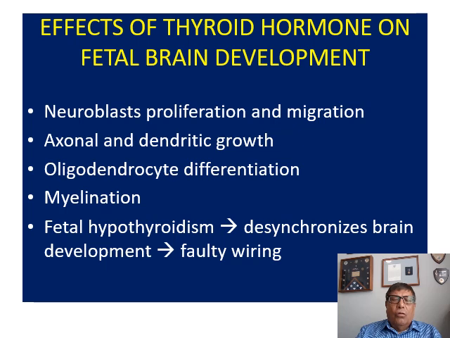It is also important for axon and dendrite growth, and it helps in differentiation of oligodendrocyte and myelination of the nerve fiber. So in other words, fetal hypothyroidism results in desynchronization of brain development, simply put as a faulty wiring system inside the brain.